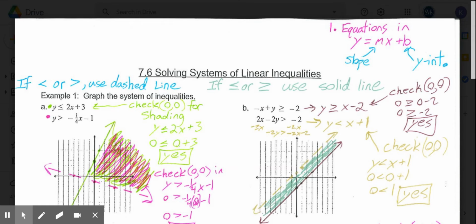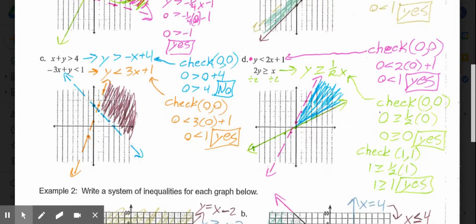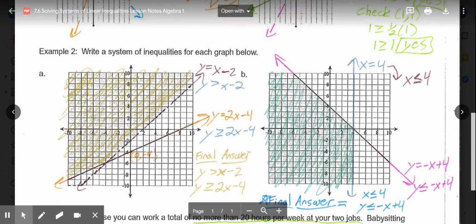Then, if you forgot how to graph inequalities, I'll also attach an additional video from those first lessons when we went over graphing inequalities to help you as a refresher. But with today's lesson, you'll notice that we have only roughly 7 examples.